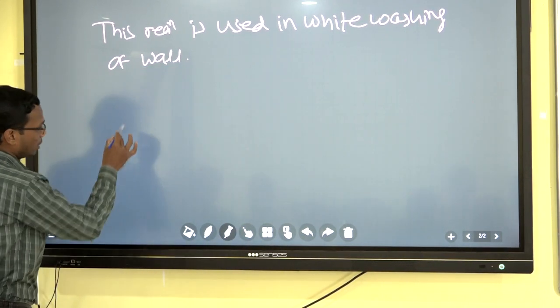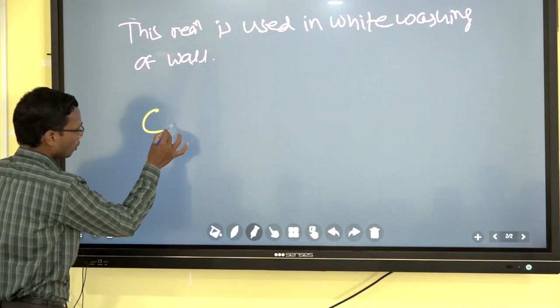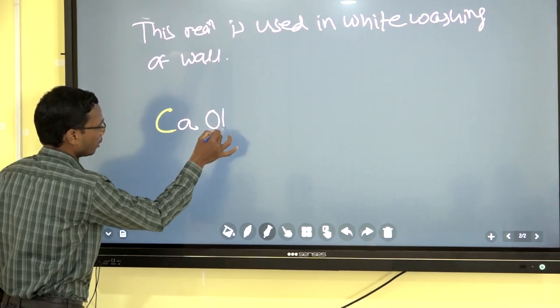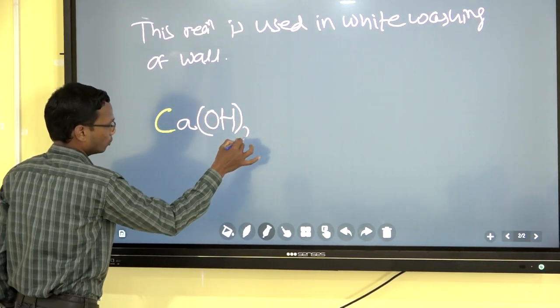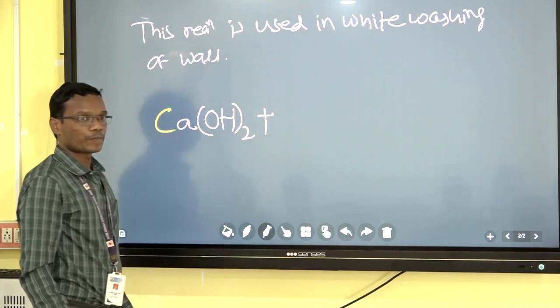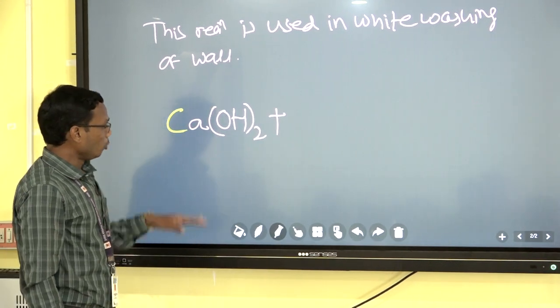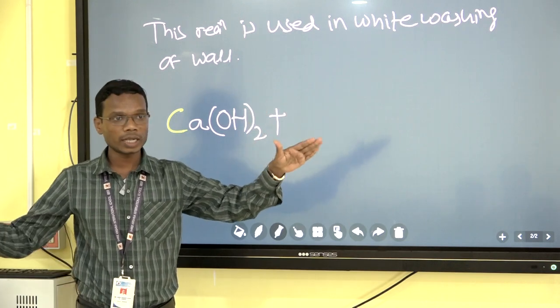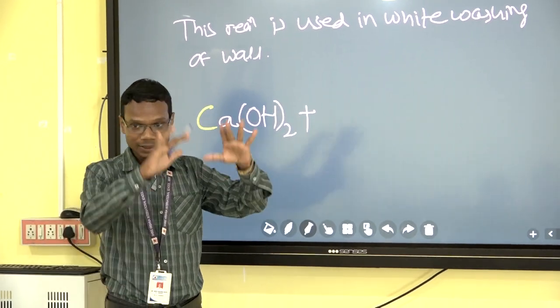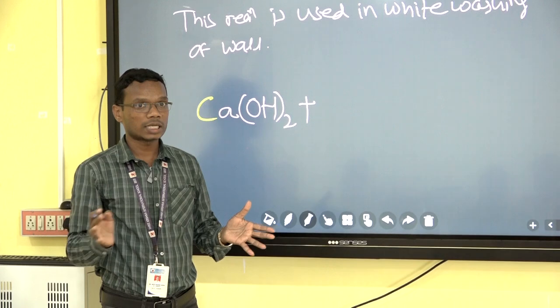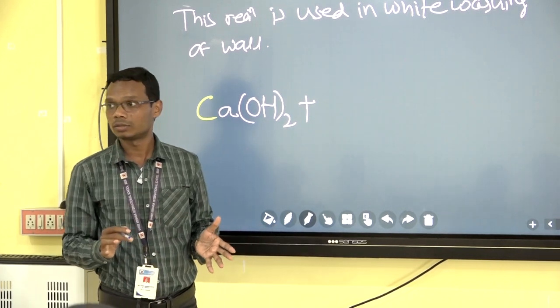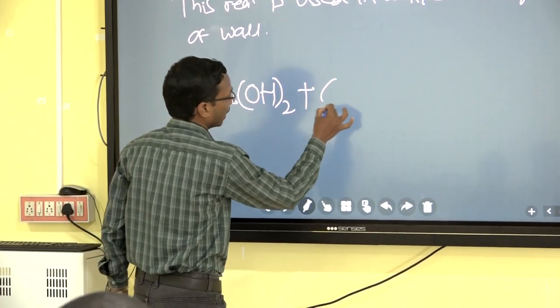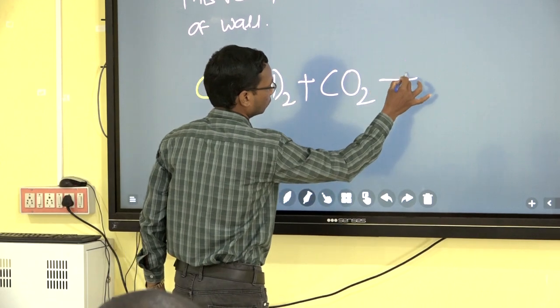Whitewashing of a wall means now your product is Ca(OH)2. You put this solution on the wall. Wall means open air. In this atmosphere, there is carbon dioxide gas, CO2.